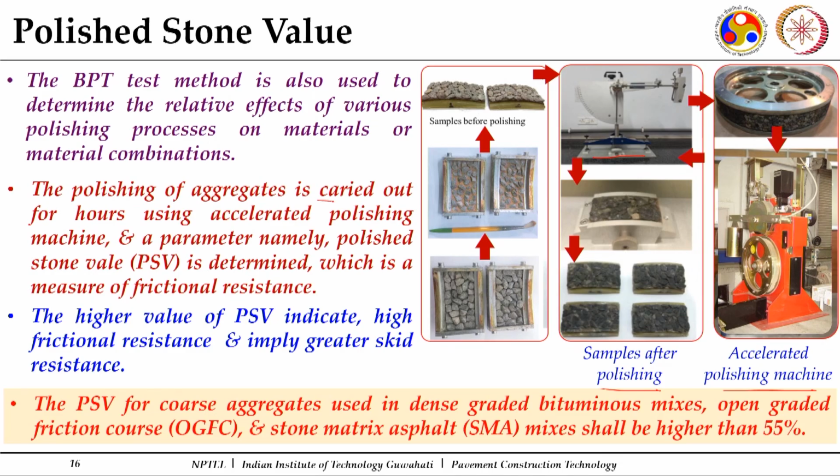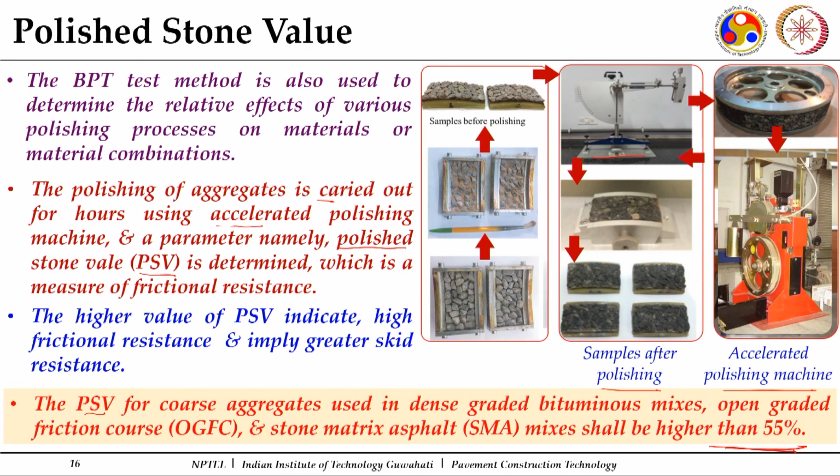The polishing of aggregates is carried out for hours using the accelerated polishing machine, and what we arrive at is the polished stone value for aggregates. If you recall, for aggregates to be used in wearing courses, we want the polished stone value to be greater than 55. So, this is again one test.